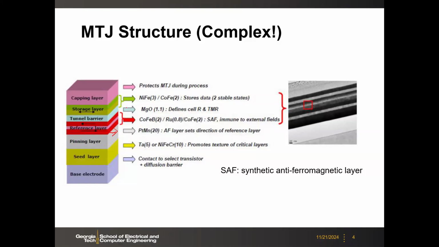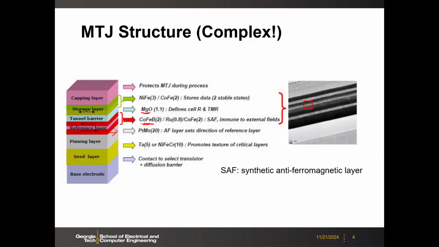And then the tunnel barrier layer is typically MgO. The magnets typically involve cobalt, iron, and boron. That's a typical material. Of course, different designs or different foundries may have a slightly different composition.